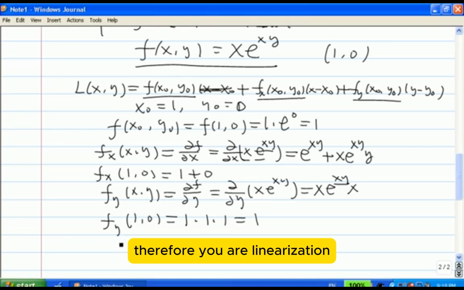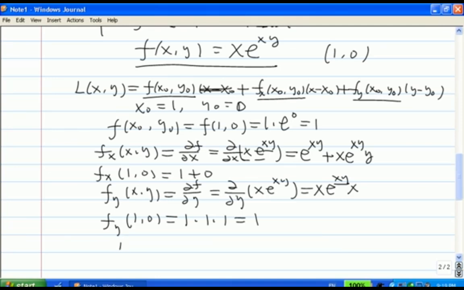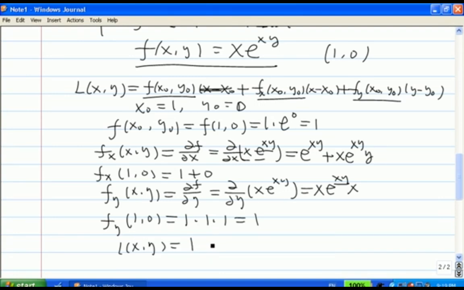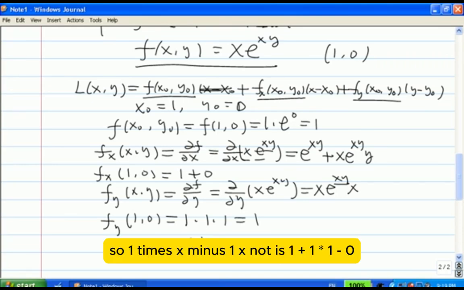Therefore, your linearization L(x,y) equal to, just plug in, okay, f(x0, y0) gives you 1, plus fx(x0, y0) also 1, right? So 1 times (x minus 1), x0 is 1, plus 1 times (y minus 0).